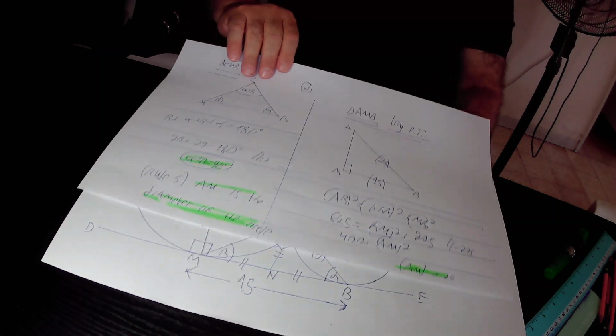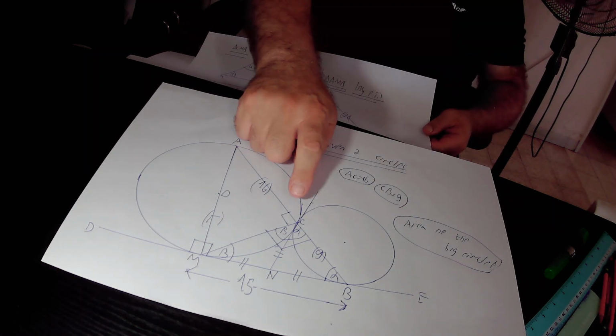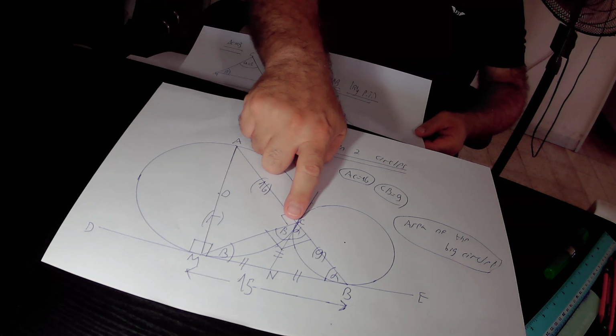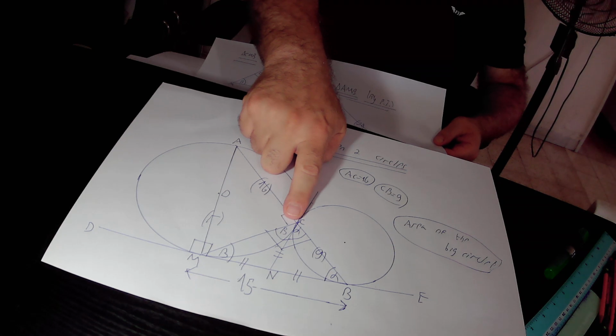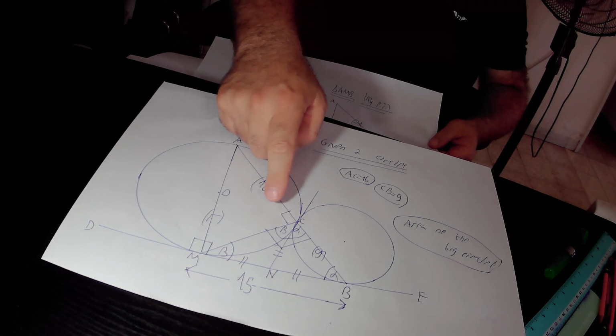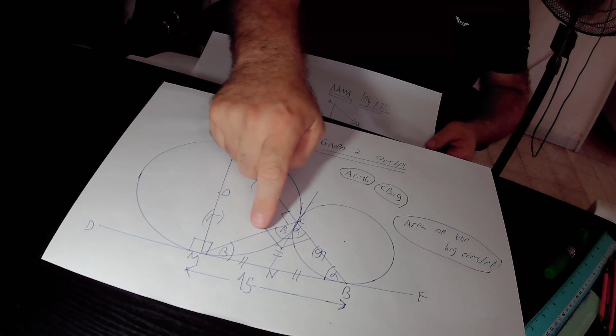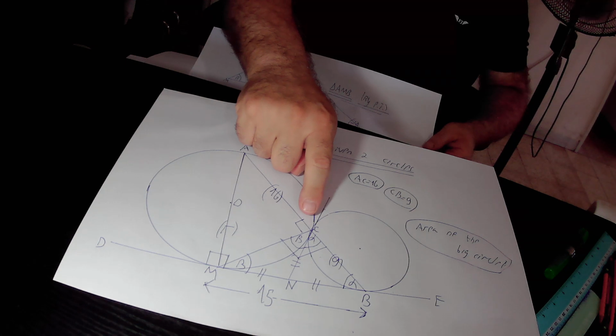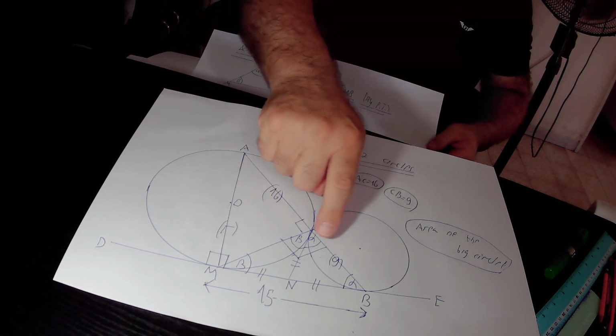So the big angle alpha plus beta is a right angle, or angle NCB is a right angle.